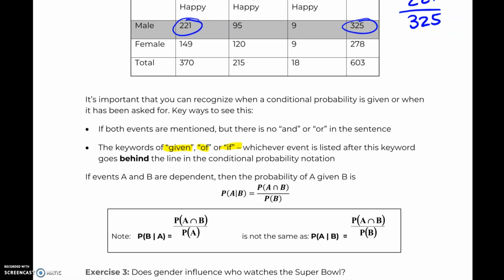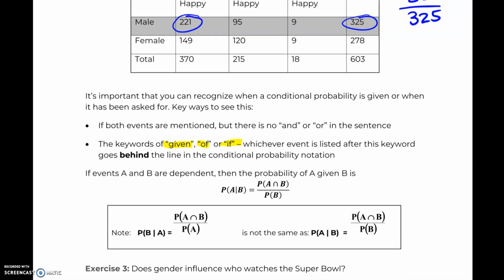If our two events are dependent, then the probability of A given B is the probability of A and B divided by the probability of B. So in the numerator we have our joint event, and in the denominator we have our dependent event, or conditional event, rather.